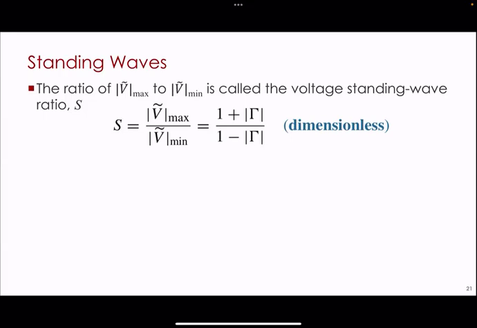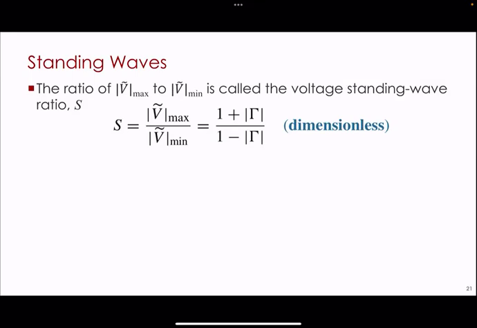So the standing wave ratio, like look at this equation. 1 plus a magnitude divided by 1 minus a magnitude. Magnitude is always just a real number, right? It's a length. That means S is always a real number, meaning it's a scalar, it's not complex, it doesn't have an imaginary part, it doesn't have a phase angle, none of that.